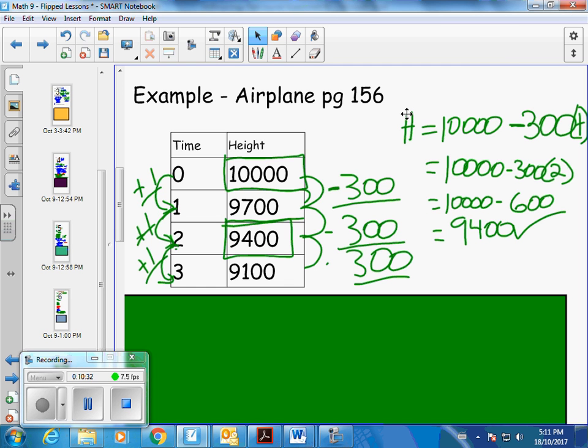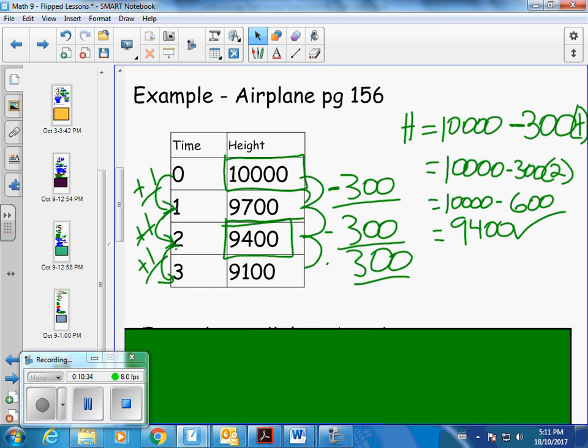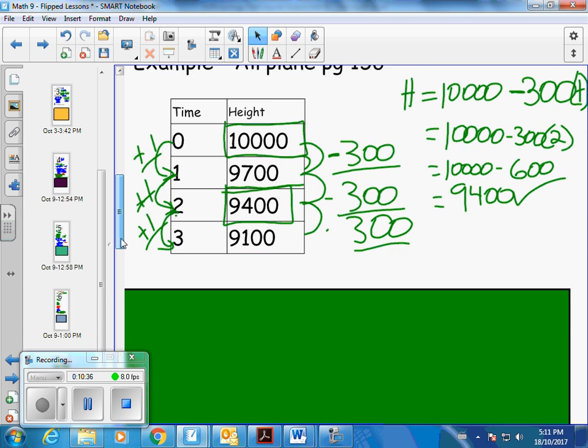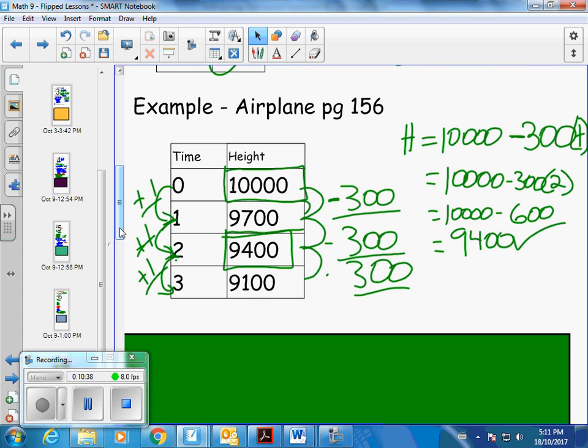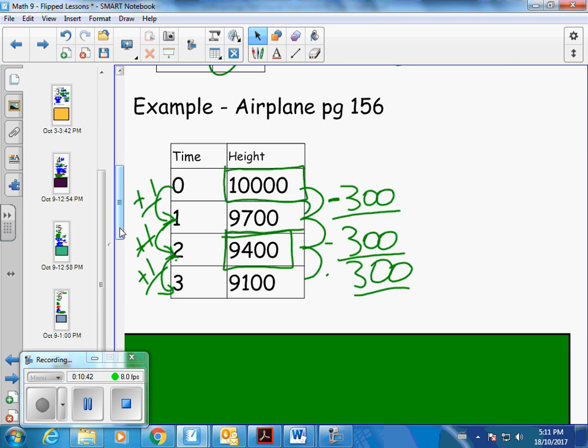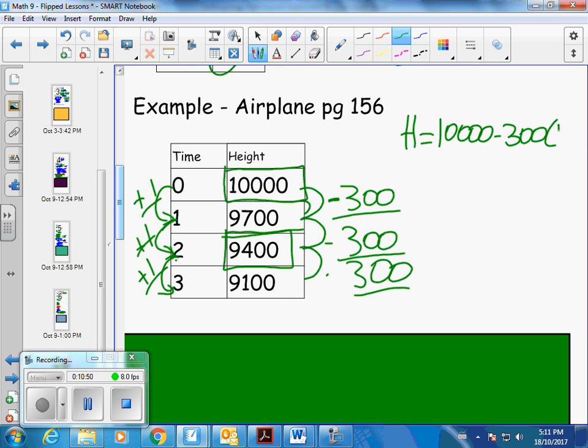Okay. I'm going to double check it. We're going to go ahead and use the same spot on the board. So my height equals 10,000 minus 300 every minute.